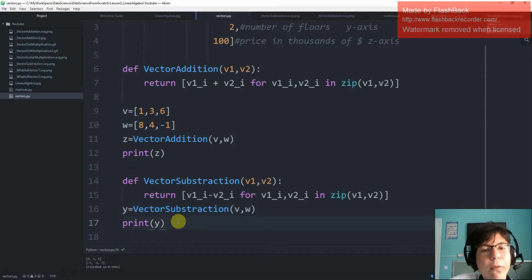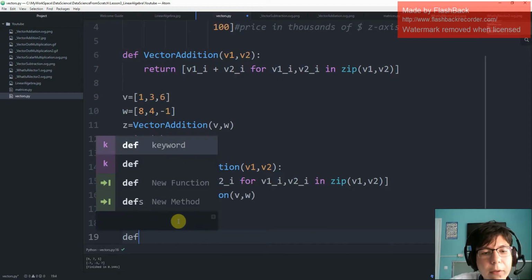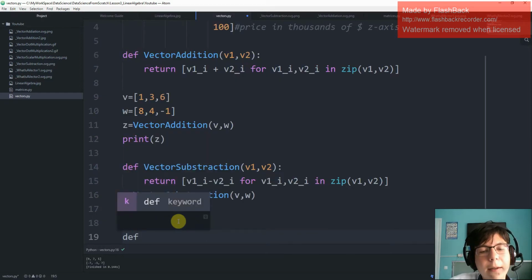Now we will move on to the next operation, which is scalar multiplication. So the scalar multiplication is the multiplication between an integer, or not really an integer, a real number, a float value, or any kind of number, with each element of the vector.